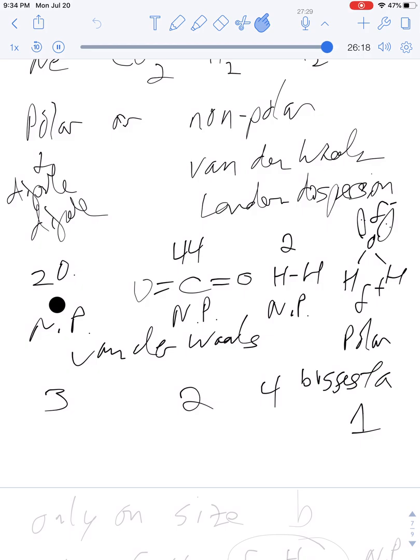If they asked you to base the answer only on size, then they're basically asking you to look at the b factor. Which of the following gases, that's kind of explained in the second part.